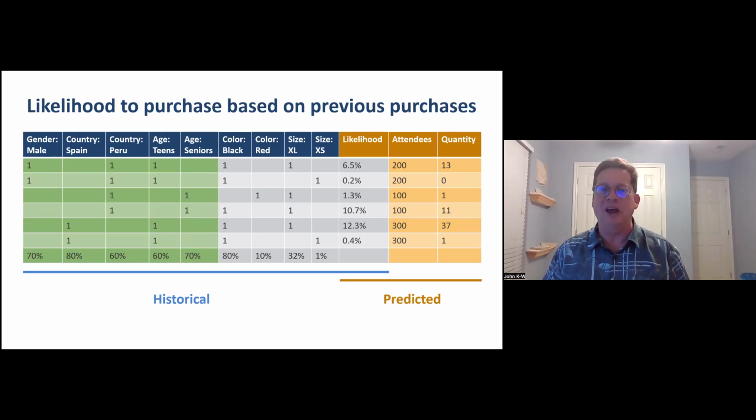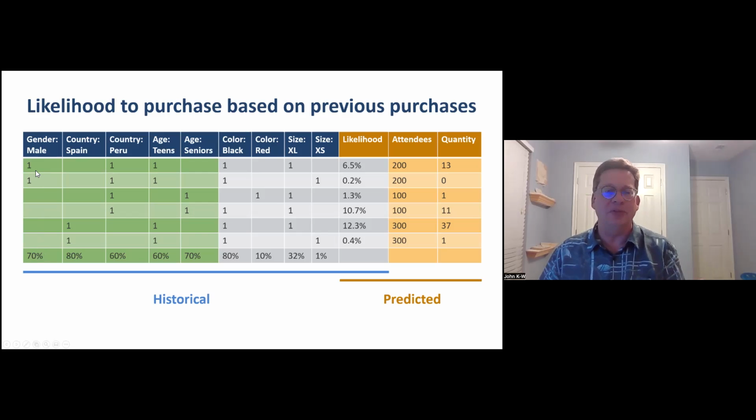Putting it in a database with a bunch of ones and zeros makes it easy to do a lot of calculations. So for the calculation of the number of people who are male who bought a shirt, you're simply going to take the mean of that entire column.